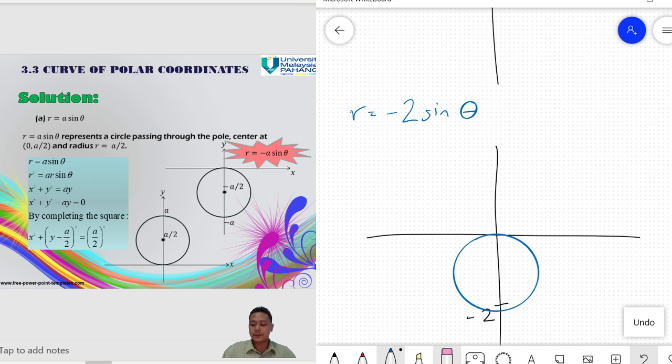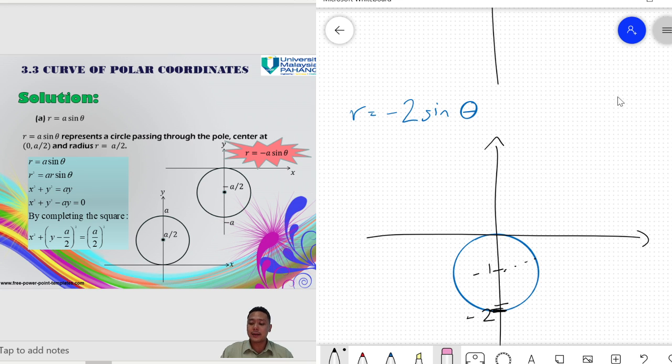Let me try to adjust the negative 2 here. It will be a circle with a diameter of 2, but this time negative 2 is on the bottom part of y, y negative 2, and the radius will be half of it. But the radius of this circle is 1. That is for the case of sine.